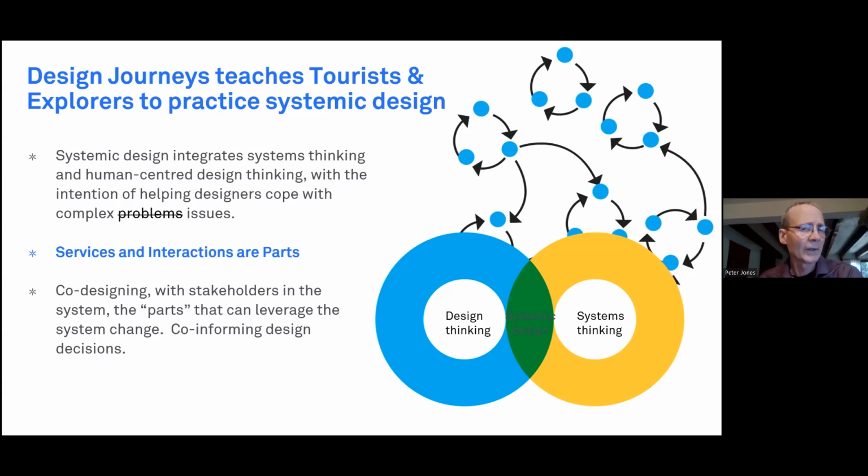And we think of the services that service design intends to co-create and to map out and blueprint as parts, for example, of a healthcare system, or if we look at a retail system for a large retailer like IKEA, or changing a clothing company that is trying to move away from relying on fast fashion.